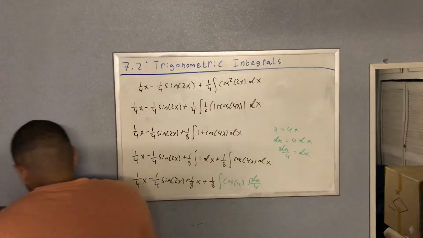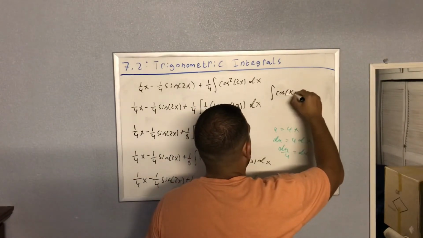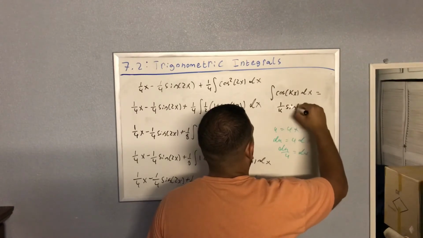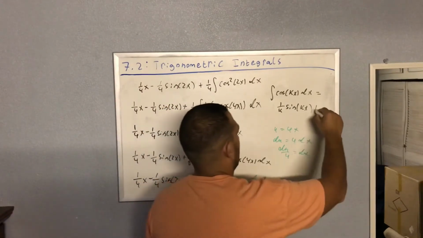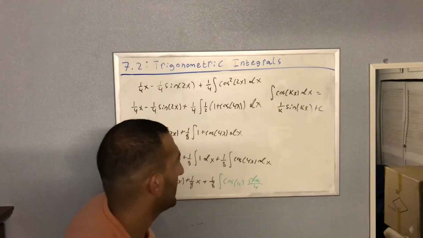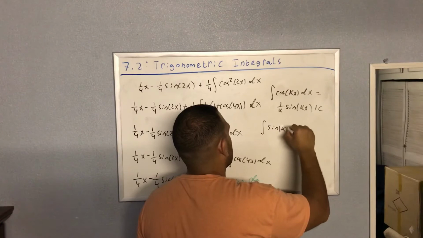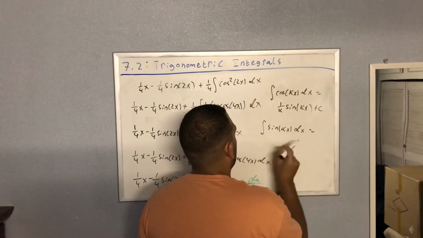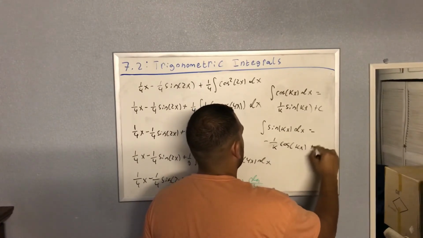So you can maybe start to come up with a formula. By formula, I mean this. The integral of the cosine of kx is just 1 over k sine of kx plus c. And similarly, the integral of sine kx will be negative 1 over k cosine of kx.